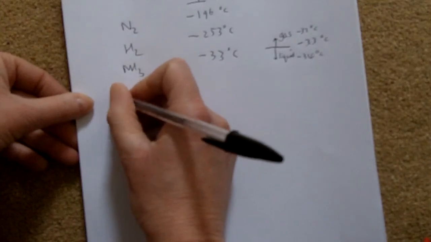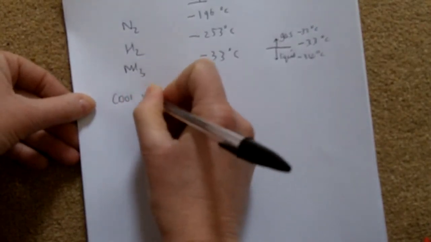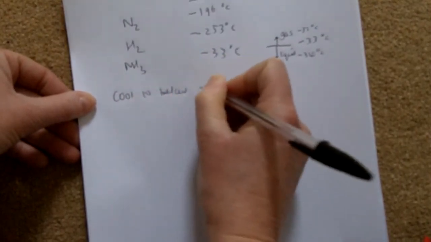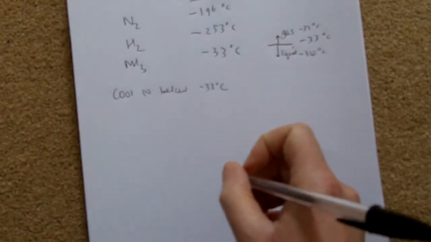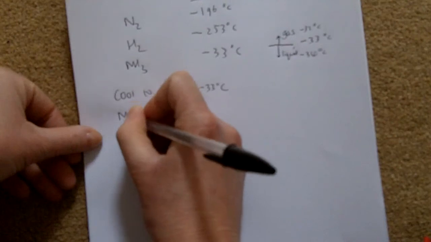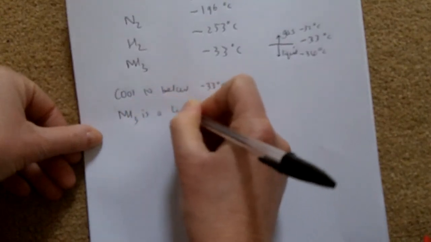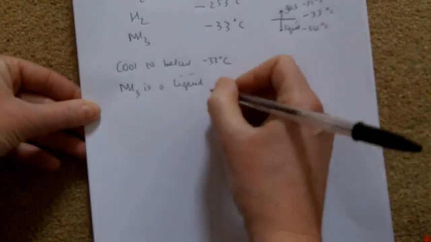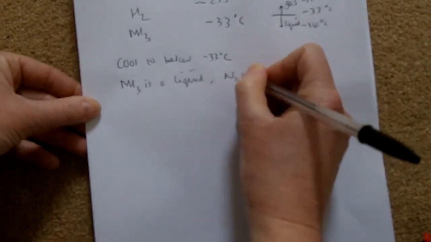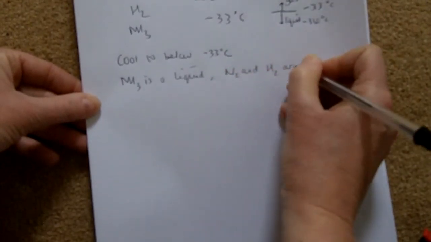So all we need to do is reduce the temperature. So cool to below minus 33, so minus 34, for example, and then ammonia is a liquid. And all the others will still be gases. Nitrogen and hydrogen are still gases.